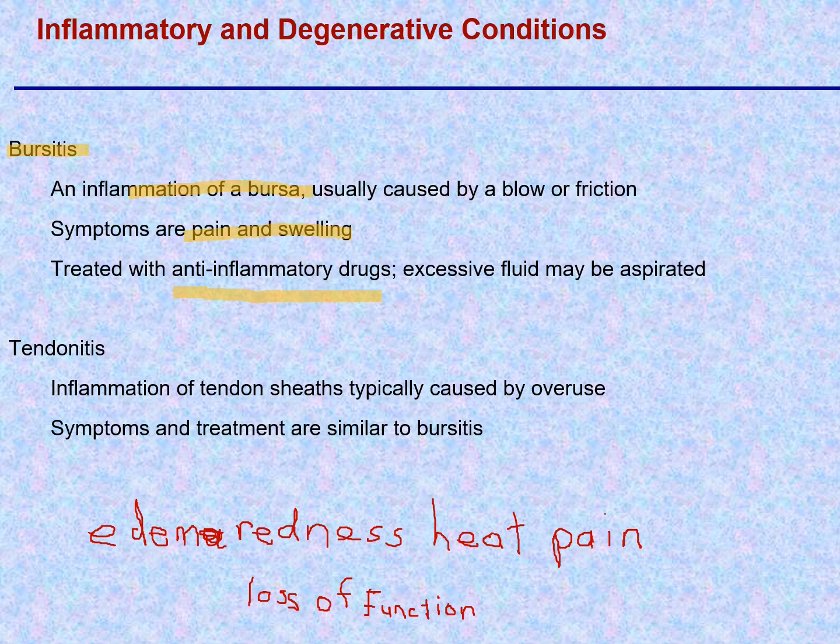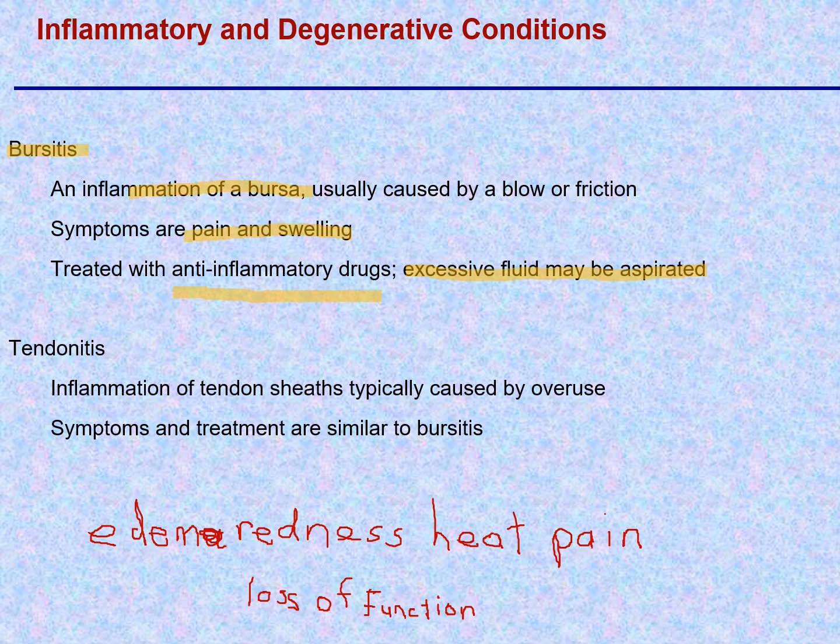It can be treated with anti-inflammatory drugs, and often there's an accumulation of fluid or edema, and that can be removed, pulled out using a needle, so it can be aspirated, and that sometimes improves things. Occasionally they'll use corticosteroids, and people describe it as a miraculous improvement in terms of the pain and function, the ability to use the joint.